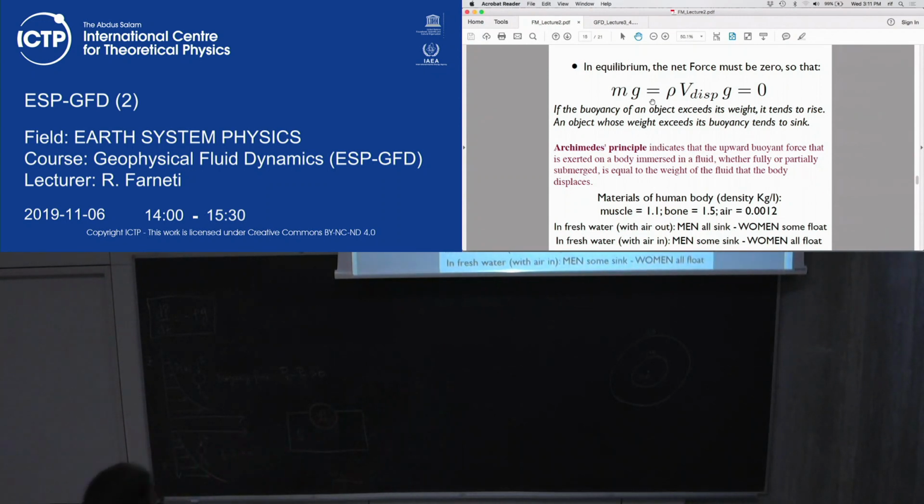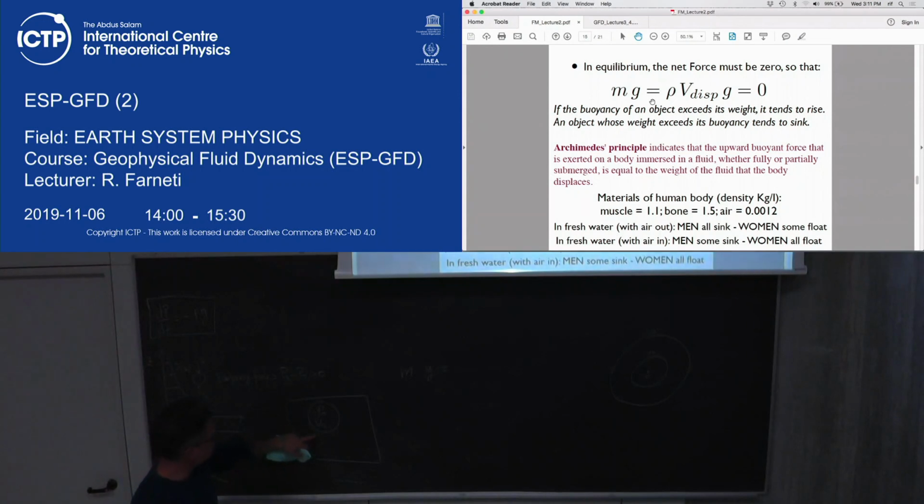So let's put it inside of the fluid. Rho object, volume object, rho fluid. So the weight of the object, mass times gravity, in static condition, in equilibrium.